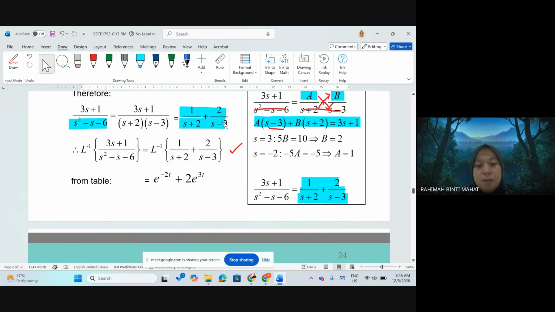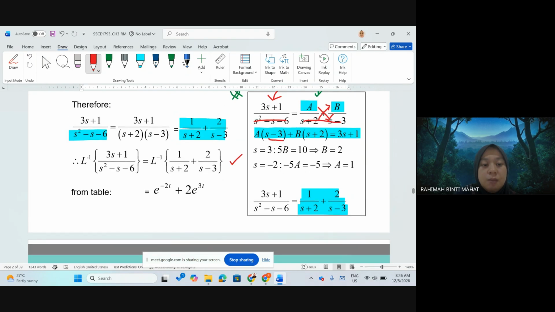And then after that, actually, there is another step. You can separately find the Laplace inverse of 1 over s plus 2, plus the Laplace inverse of 2 over s minus 3.